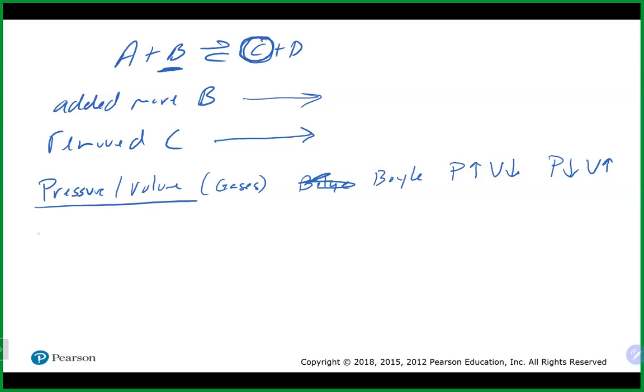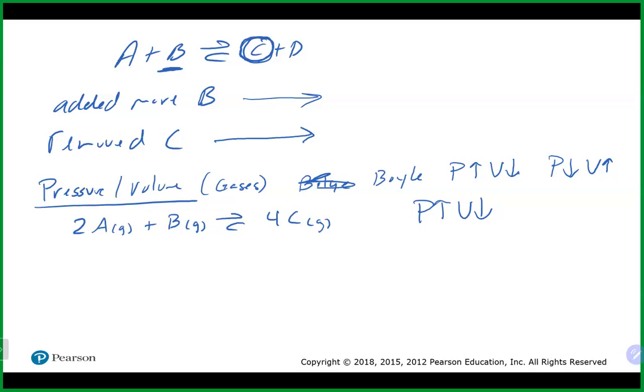So in a system that's in equilibrium that has gases, so for example, let's say we had this, and these are all gases. If I increase the pressure, that means that the volume is going to get much, much smaller, right? So the change that's occurring is the pressure is increasing.